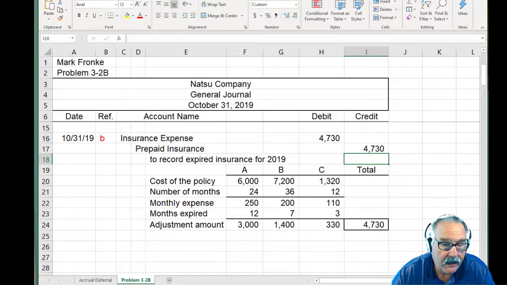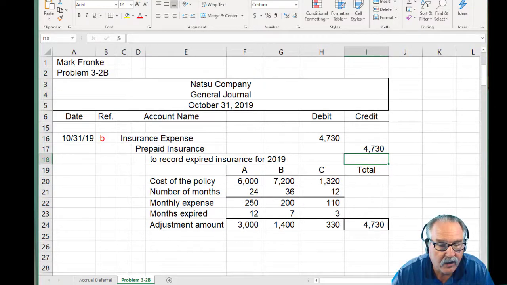Now, policy number A, well, I guess A was around at the beginning of the year, but it was a 24-month policy, so we still had more to expense during the current year. And then B and C were bought during this year, but we didn't have them for the whole year. So the first step is to calculate what the monthly expense is, and then multiply it times the number of months that have expired, which means policy A is half done.